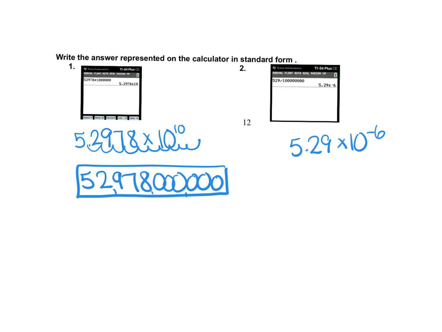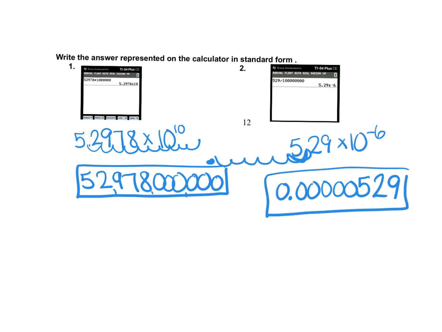If I wanted to write this in standard form, I would be moving my decimal place 6 places to the left. So 1, 2, 3, 4, 5, 6. And so we're going to have 5 place values for those zeros. 1, 2, 3, 4, 5. And then remember this one is our 6th place that we had moved it. All right, and you can put a 0 at the front if you want to, and there is our new number.